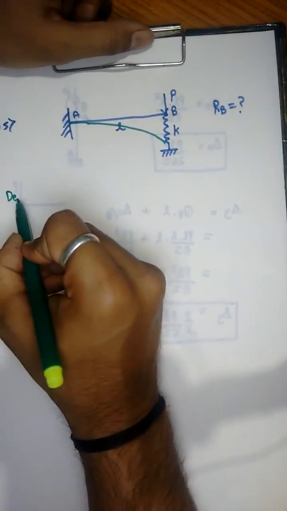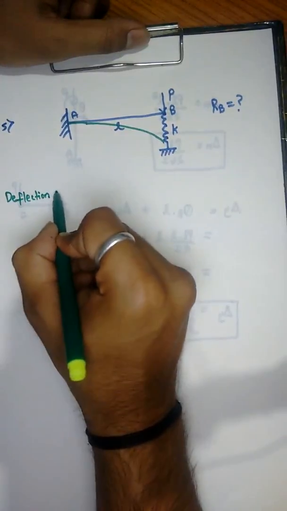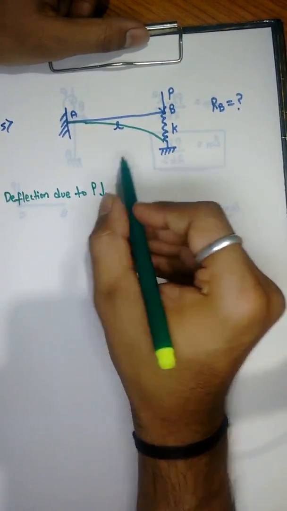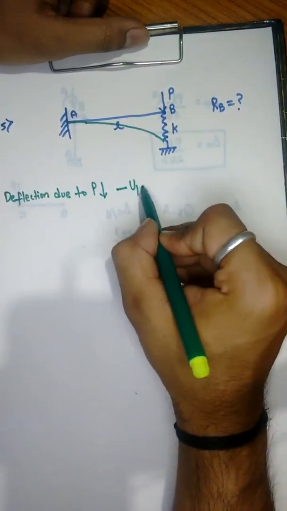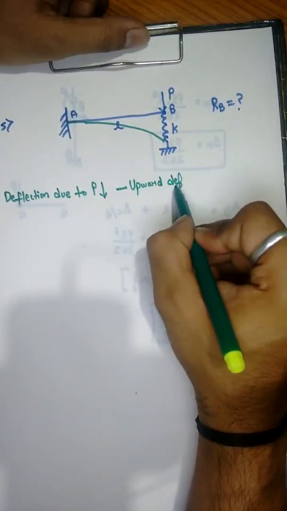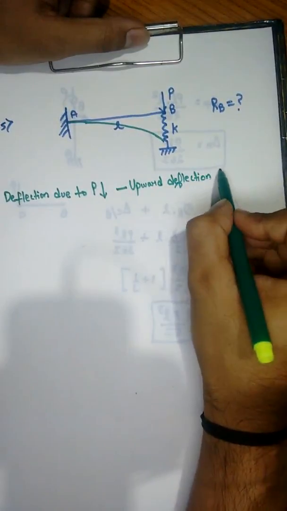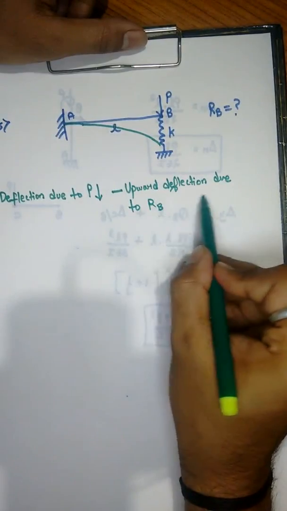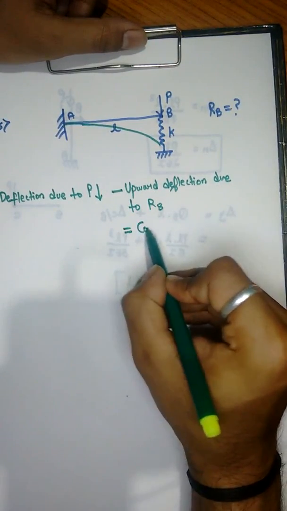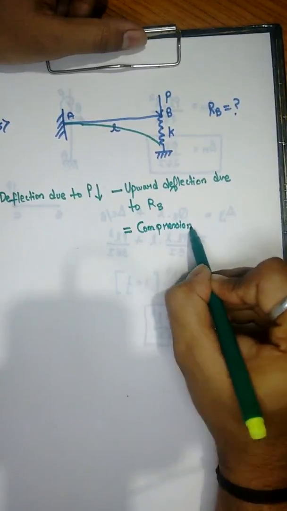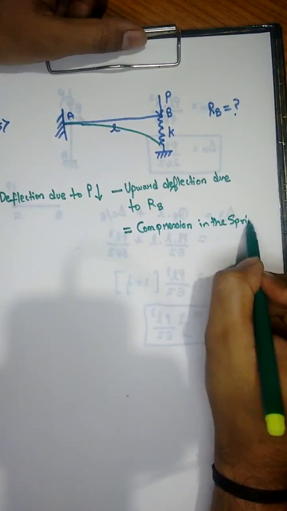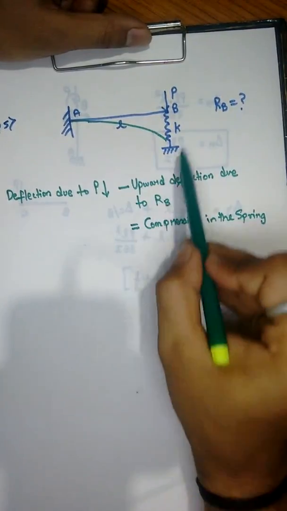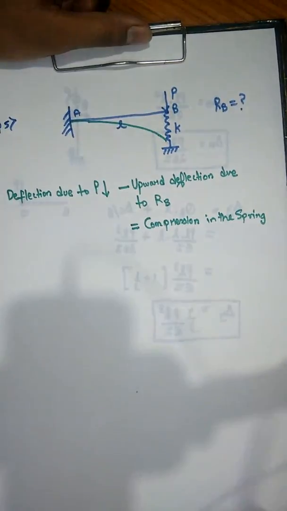Means deflection due to P in downward direction minus upward deflection due to RB is equal to compression in the spring.